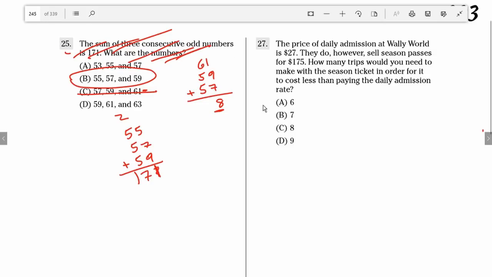How many trips would you need to make with the season ticket in order to cost less than paying the daily admission? Okay, so we know it's $27 to get in one day, and it's $175 for season tickets.